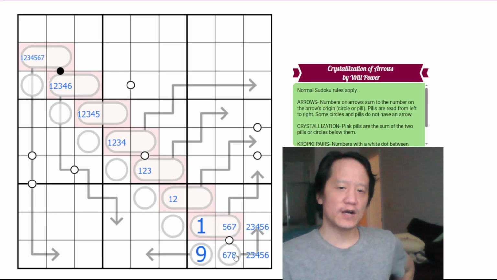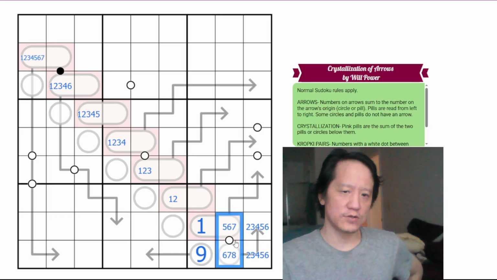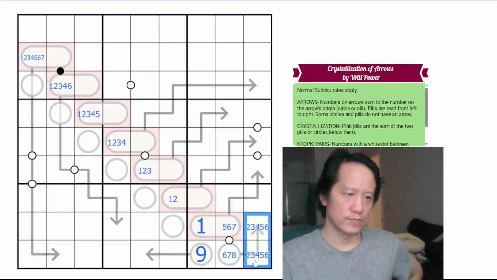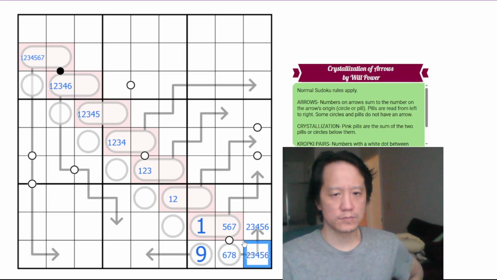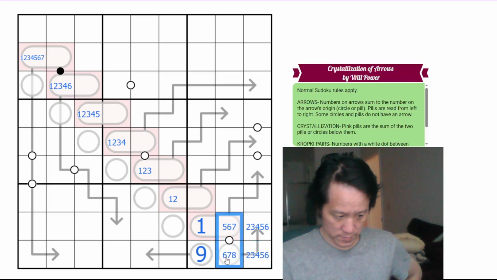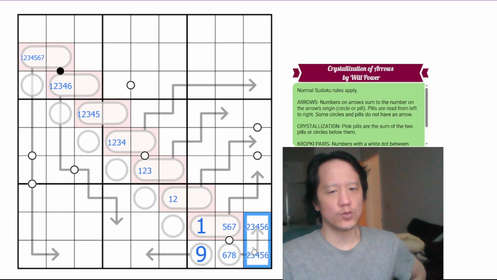If this is 5 and 6, you could have 2. It's 2 and 4 here. So 5 and 6 would be 2 and 4.